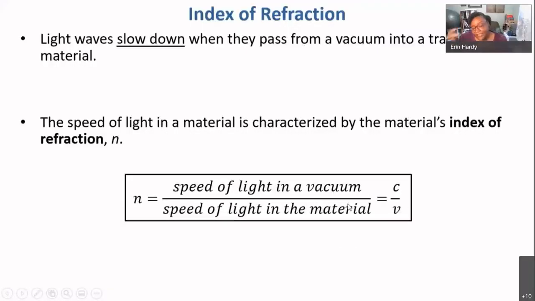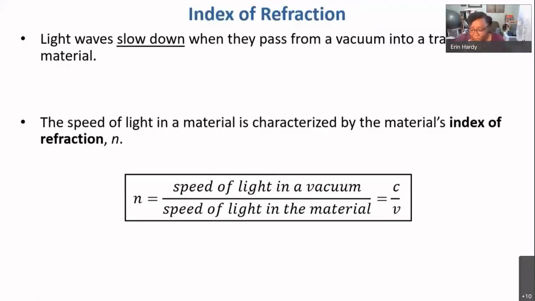So if we were applying this to Earth's atmosphere, the speed of light in Earth's atmosphere is going to be a little bit less than 3 times 10 to the 8 meters per second. So that would give us an index of refraction that is only a slight bit larger than 1.